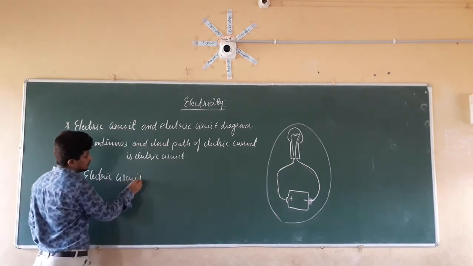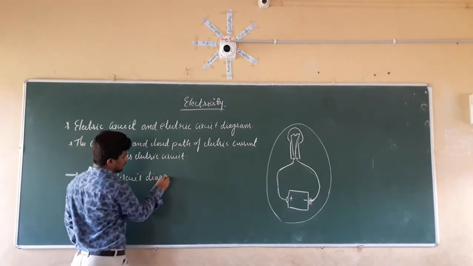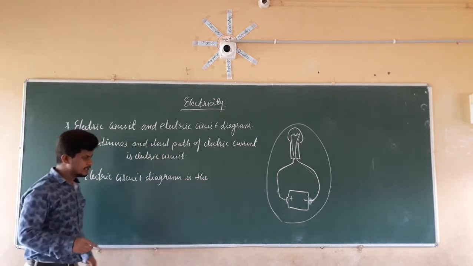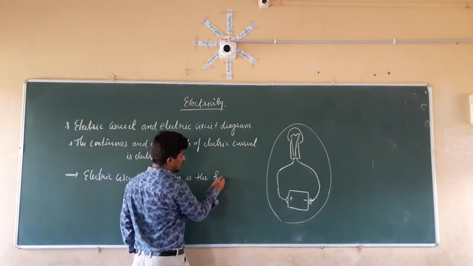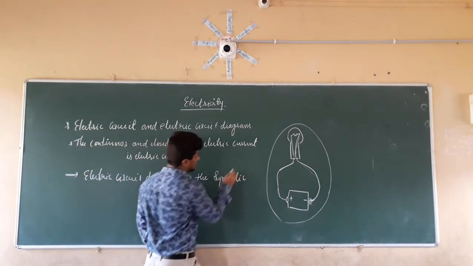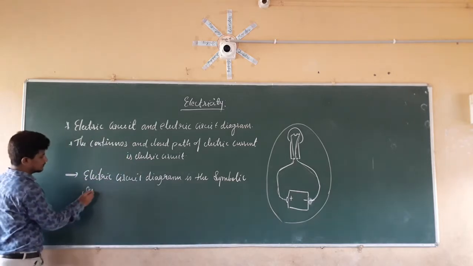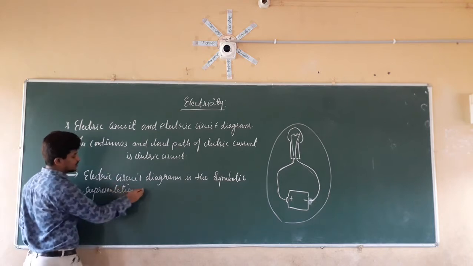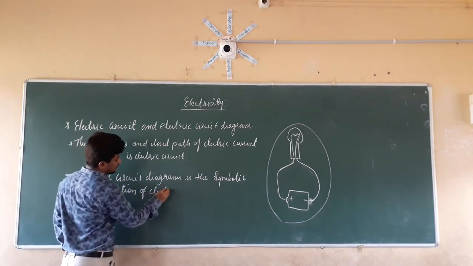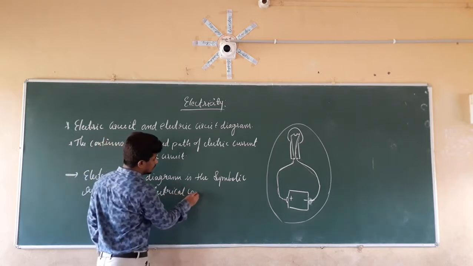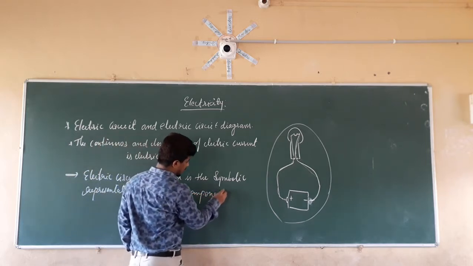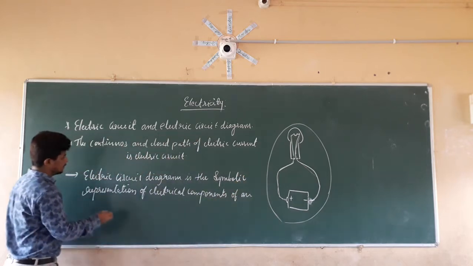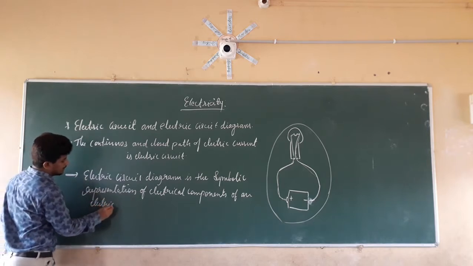The electric circuit diagram is the symbolical representation of the electrical components of an electric circuit.